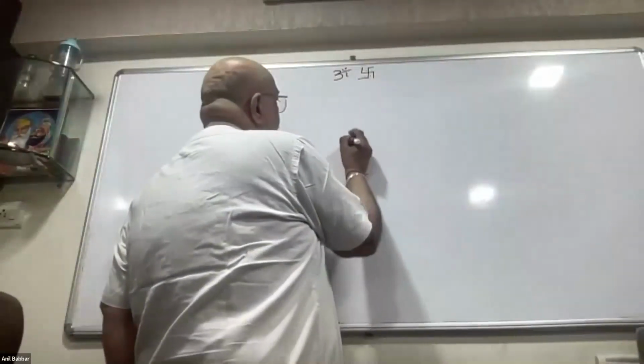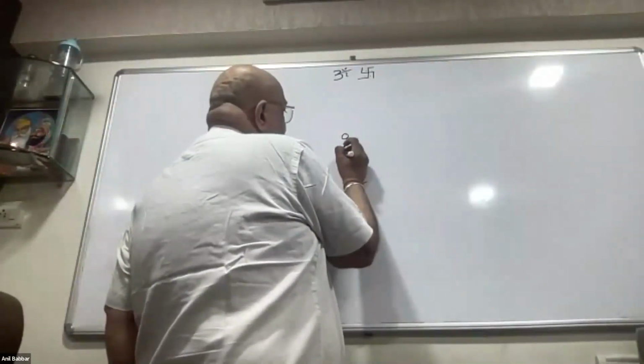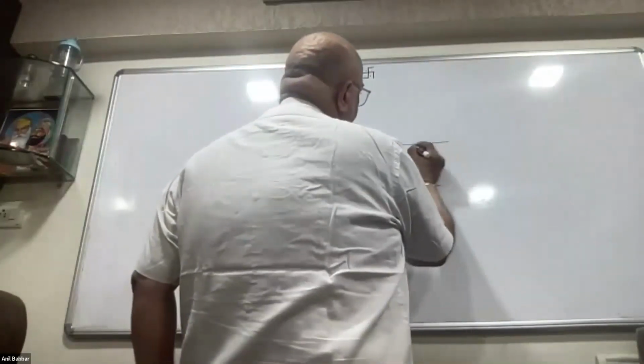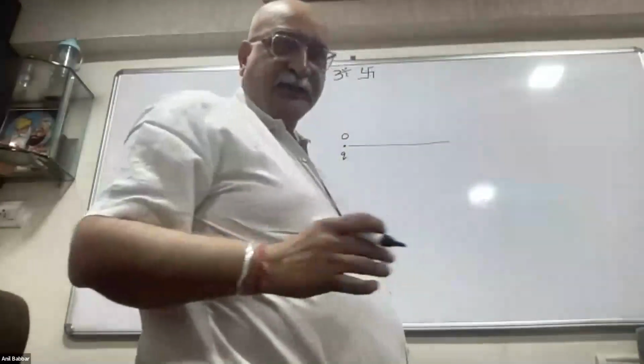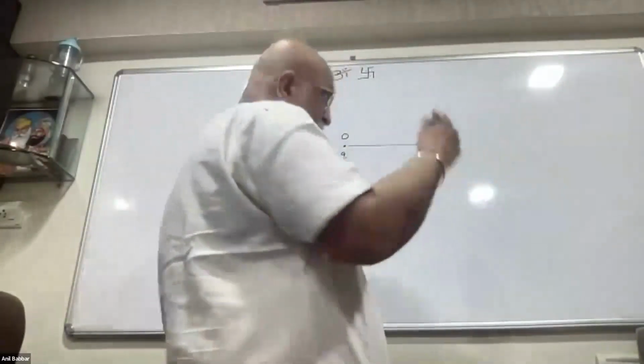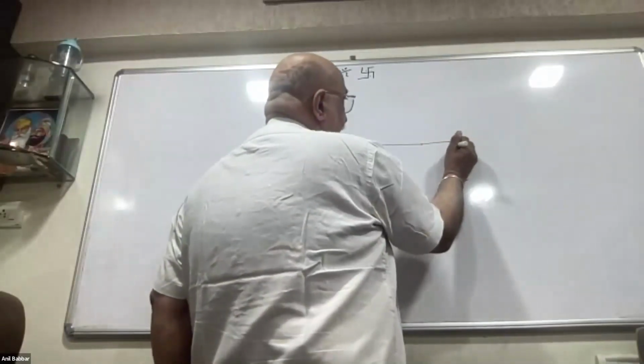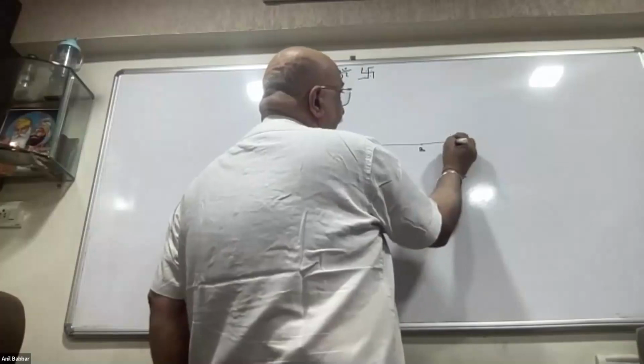Here it's at O, let us say some charge +Q is located, and there are two points, say point A and point B.